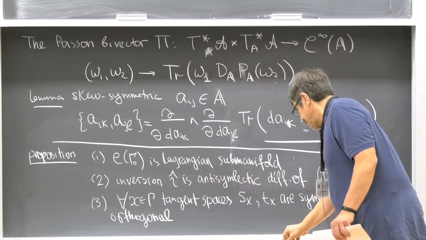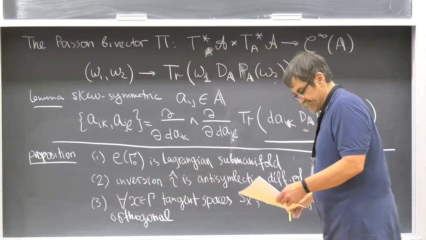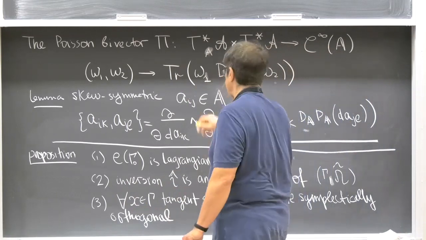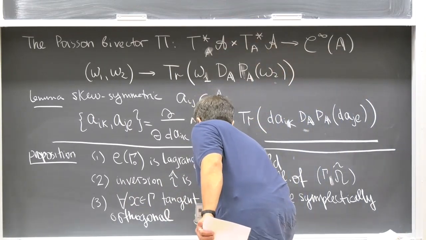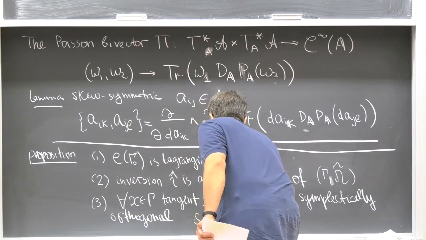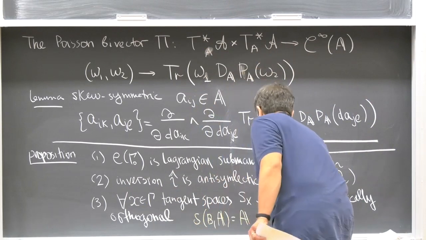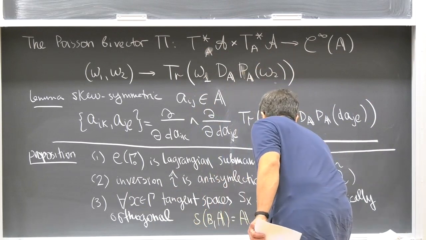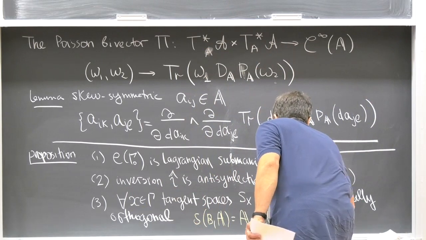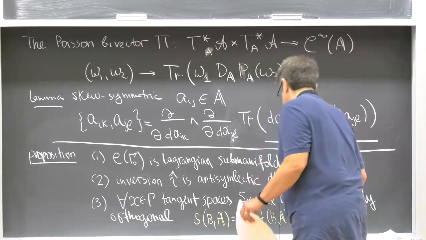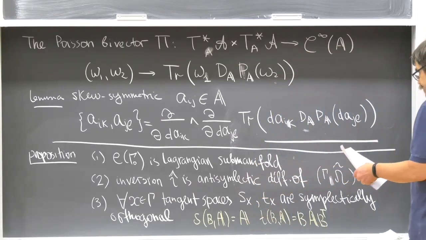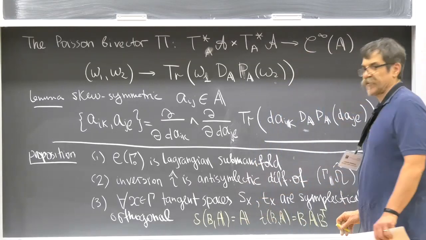In other words, if we formulate this in terms of the corresponding source and target maps, so if I have a source map B A equal A and target map B A is above, they must Poisson commute.